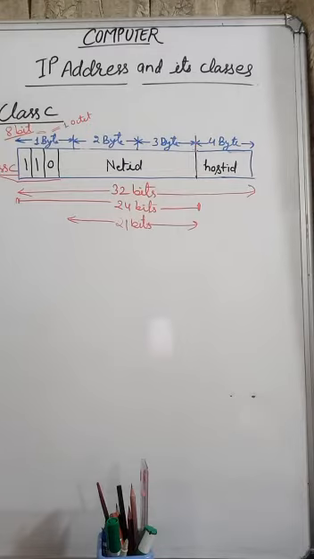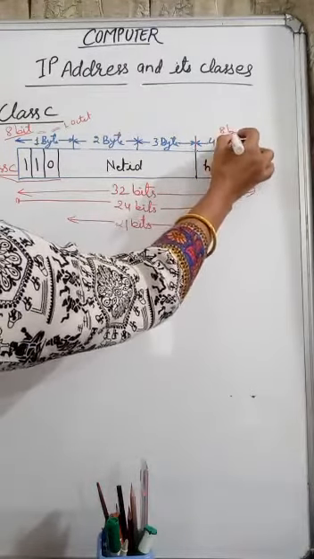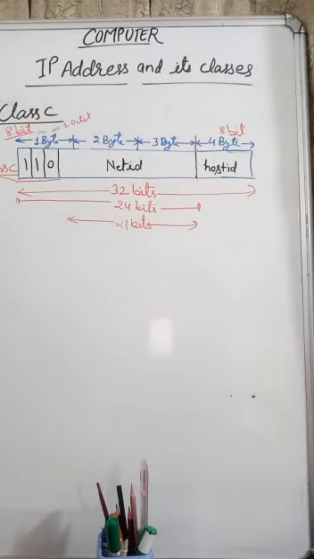In class C, 8 bits are used to define the host ID. Only this 8 bits defines the host ID. Okay, so this is class C.